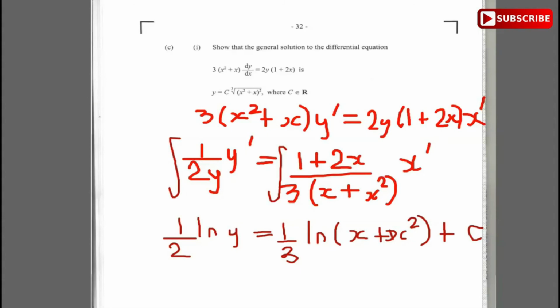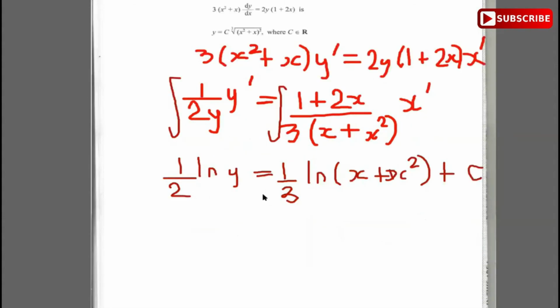In continuing, we need to make y the subject. To do that, I'm going to rewrite this as ln y to the half power, which is the square root of y.